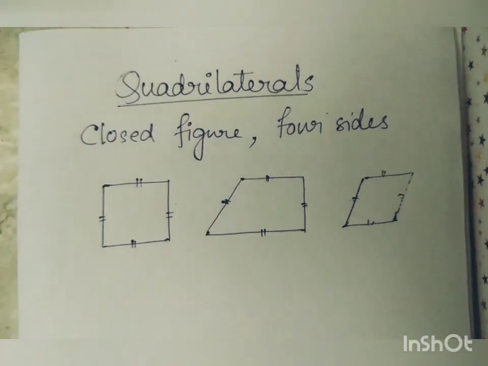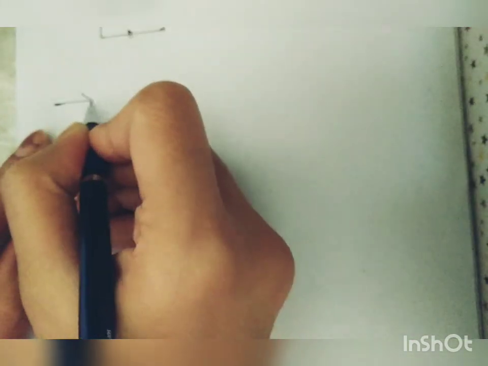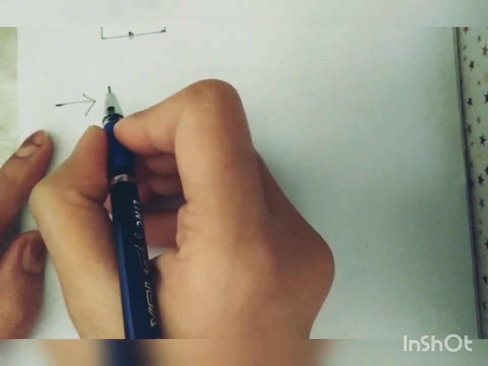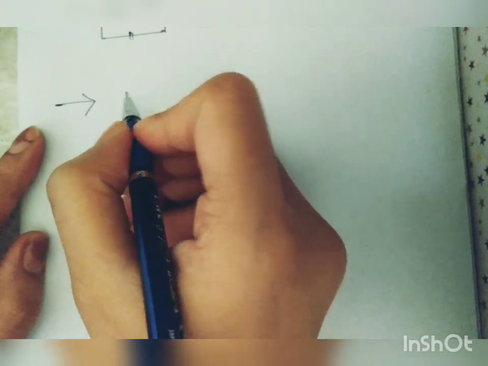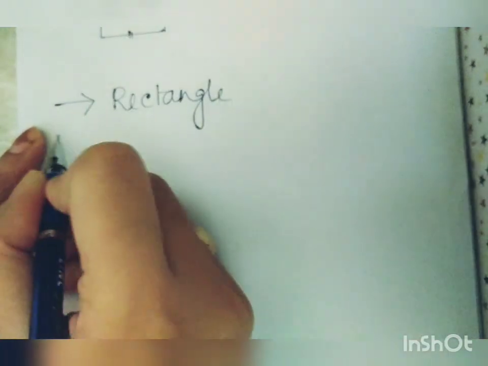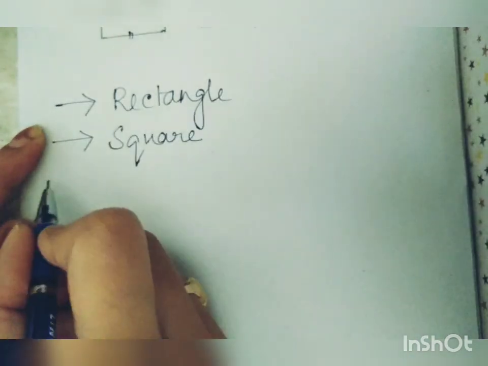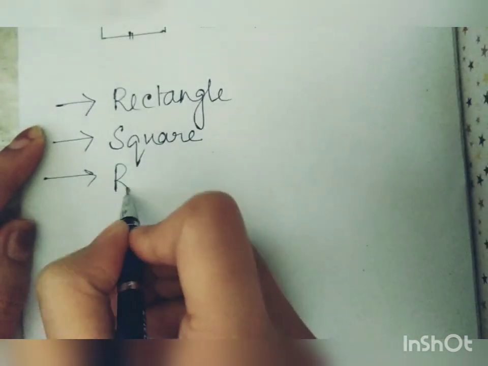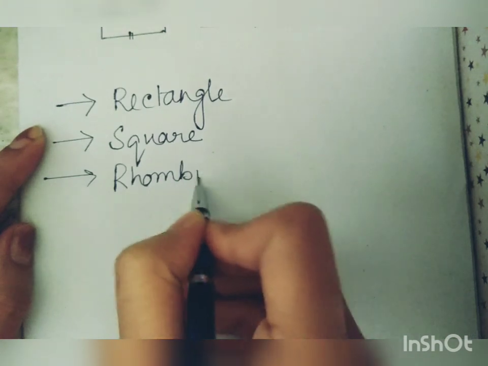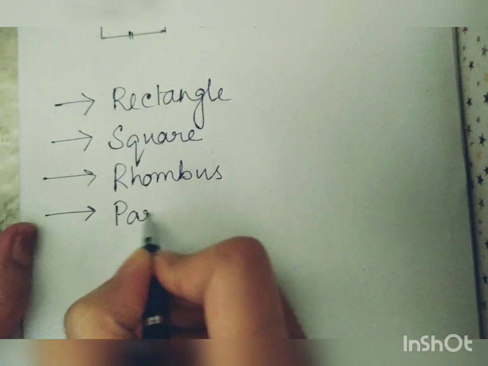Now there are different types of quadrilaterals. Let's talk about them. First we will talk about the types of quadrilaterals. The first type is a rectangle, then square, then rhombus. After that, parallelogram.